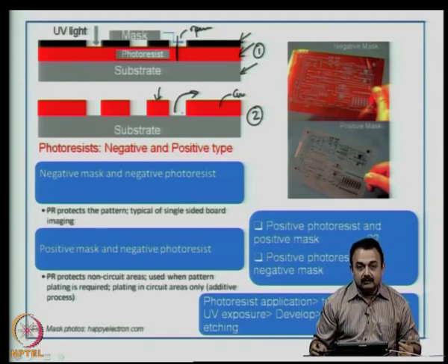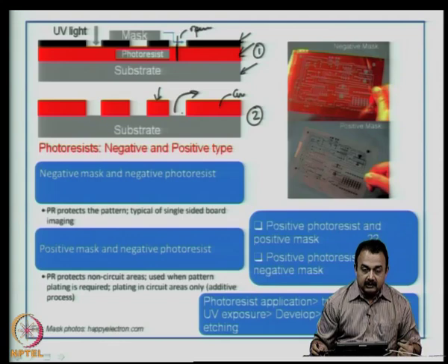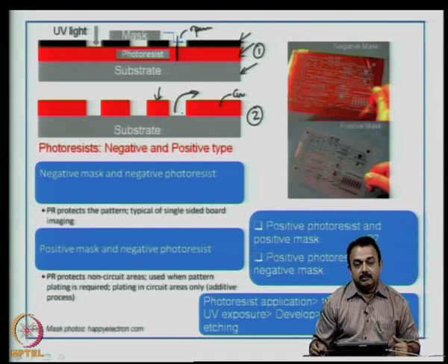So, typically this will be a positive photoresist working, because if you look at the developing process, exposed areas have become soluble. So, similarly you can do it for a negative photoresist, in which the exposed areas will be intact on the substrate, the unexposed areas will be washed away by the developer.